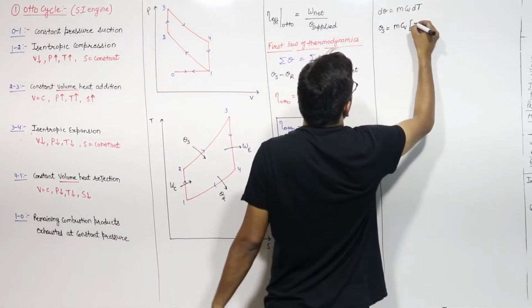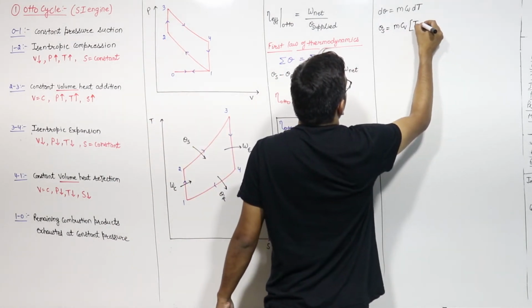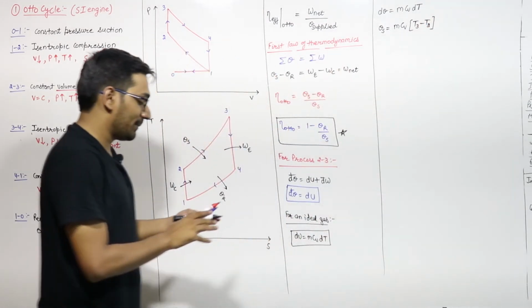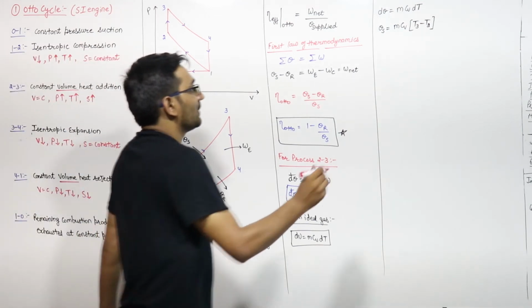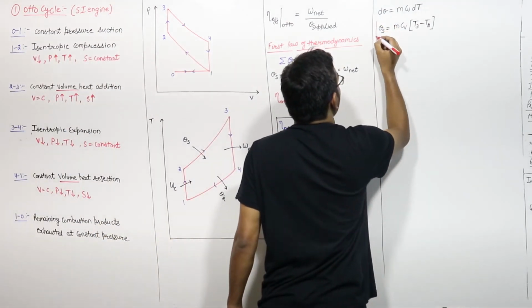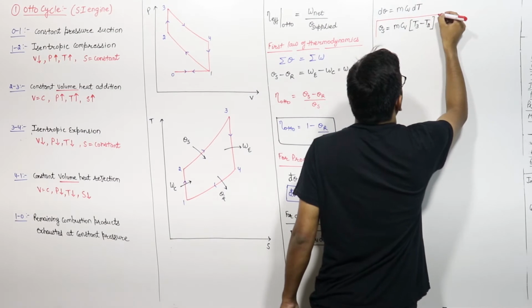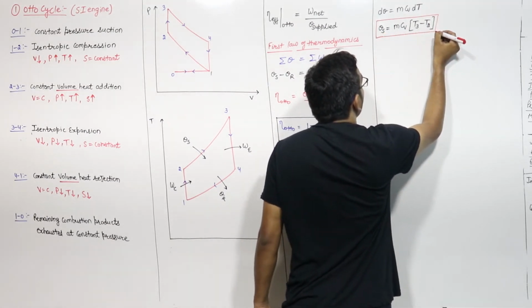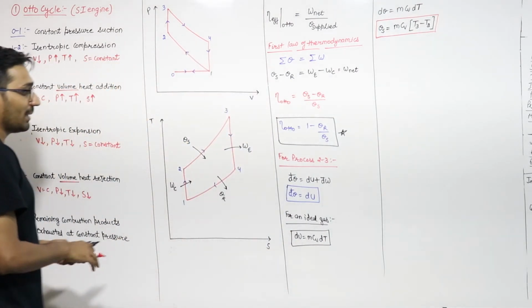For this process it is T3 minus T2. This will be the heat supply. On the similar pattern, we have to calculate the heat rejected.